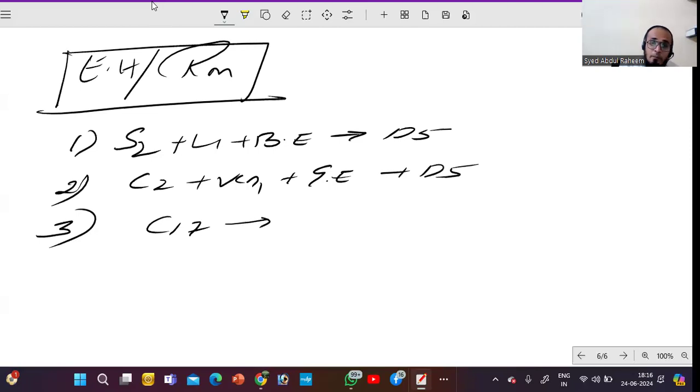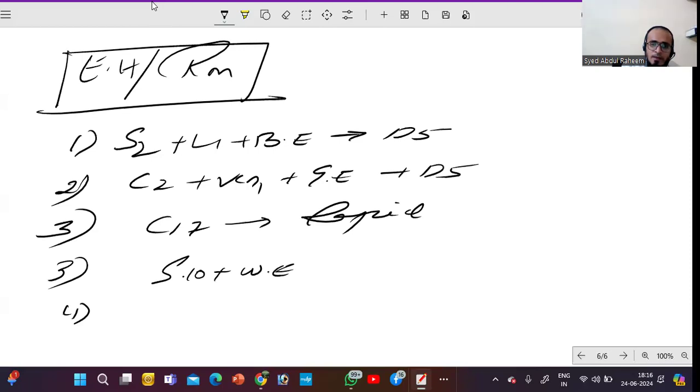Rapid doses you have to give to excrete the things, and to improve the digestion we have to add S10, WE, S1 plus RE, and the fifth one is a temperamental remedy.